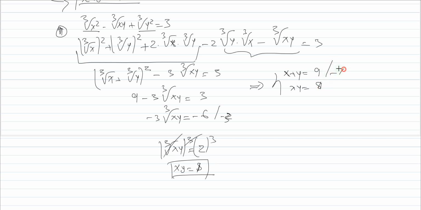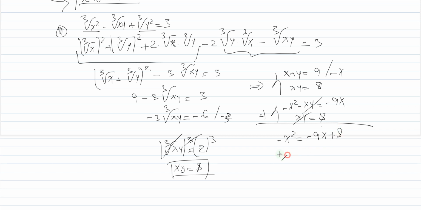Now I'm going to multiply by negative x, so I'm going to have minus x squared minus xy equals minus 9x, and xy equals 8. We're going to have minus x squared equals minus 9x plus 8. So this is going to be x squared minus 9x plus 8 equals 0.